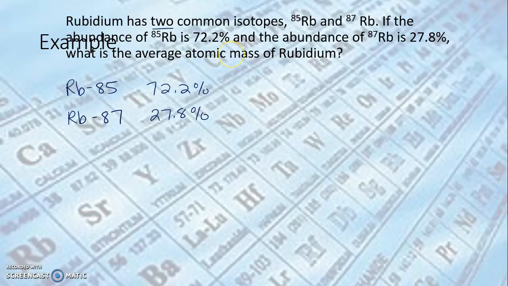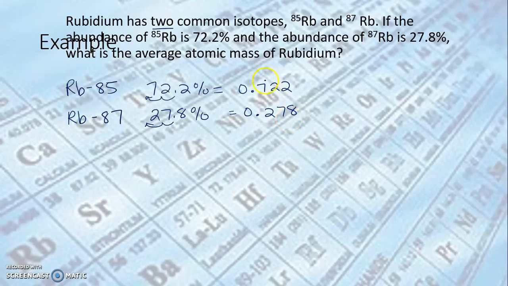If they don't give us a mass for each isotope, sometimes they do, then we'll use the mass number. Step 1, we change this into a decimal. We move our decimal over 2 times: 0.722, and this one becomes 0.278.